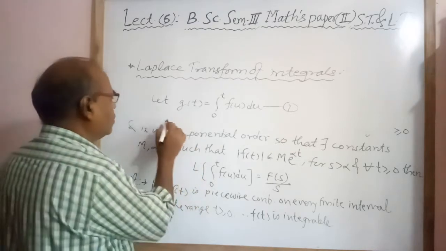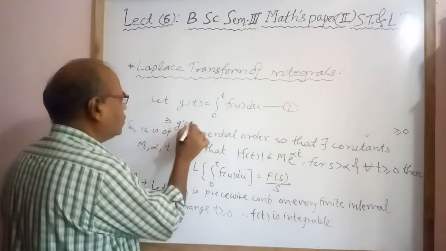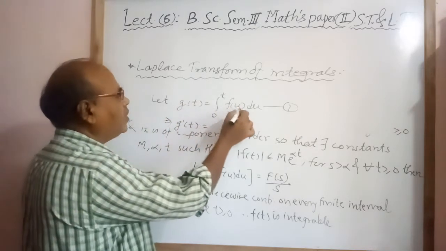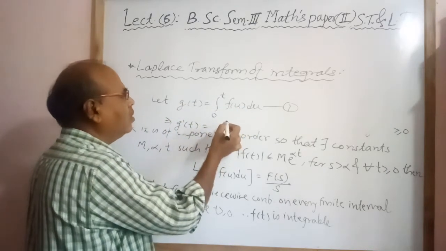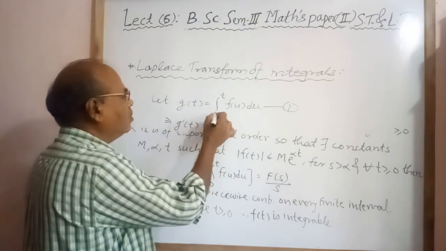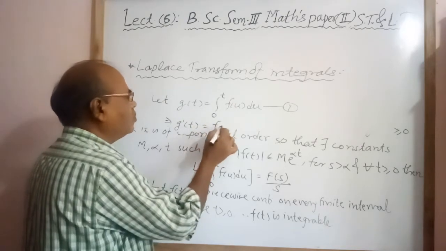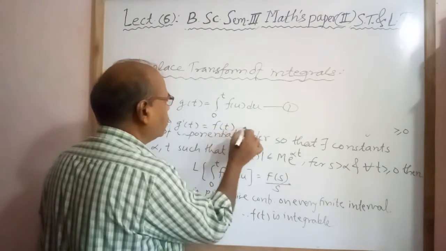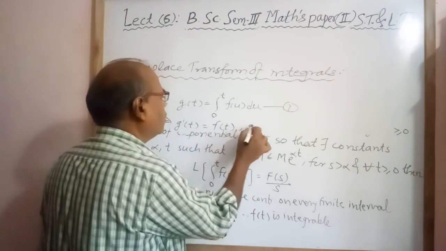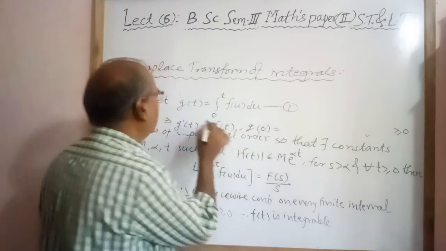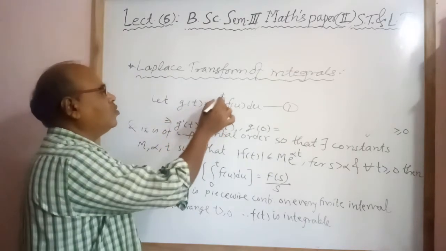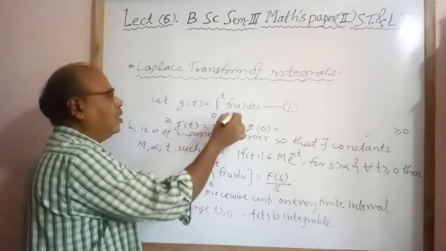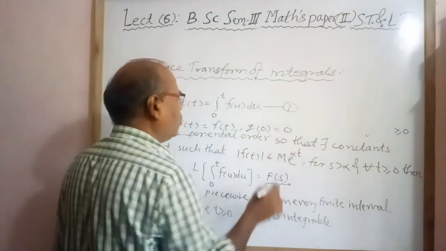Therefore, we find g'(t), the derivative of this. Now, the derivative of the integration gives the original function, that is we have f(t). And g(0), for t equal to 0, the limits being 0 to 0, gives the value of the integration equal to 0, so g(0) equals 0.